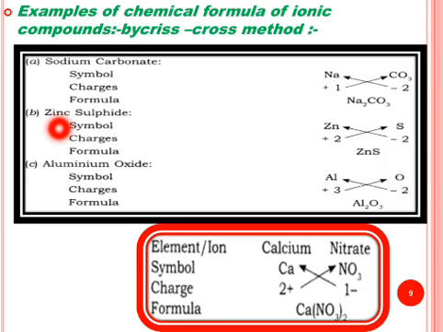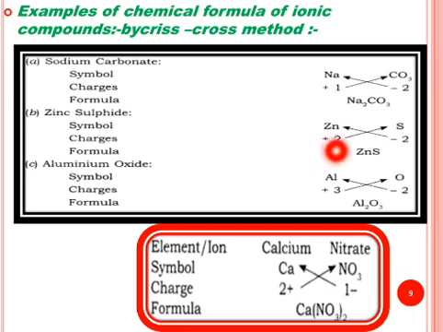Now see another example, zinc sulfide. Write the symbols of constituent ions. First write the cations formed from metals, and then anions formed from non-metals. Zinc, charge of zinc plus 2, charge of sulfide minus 2.